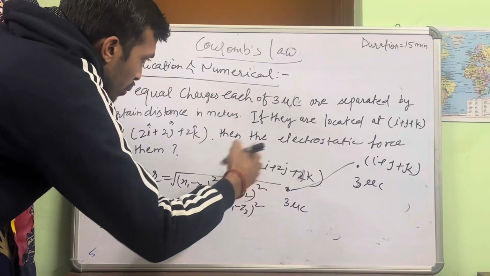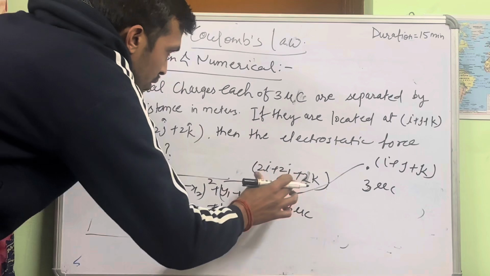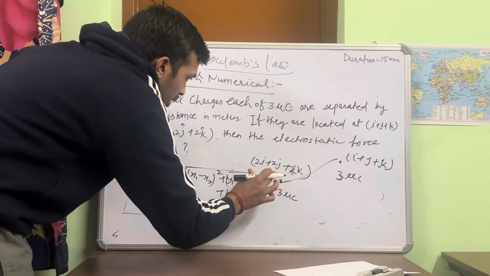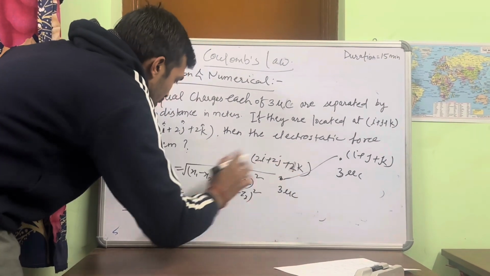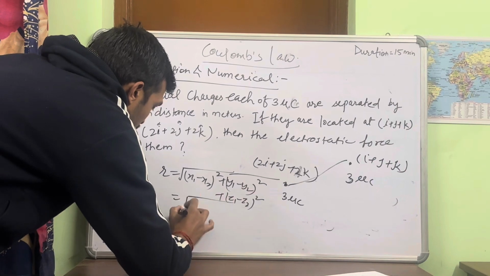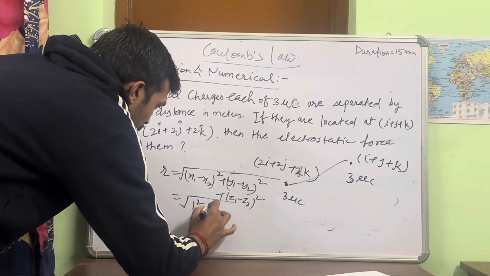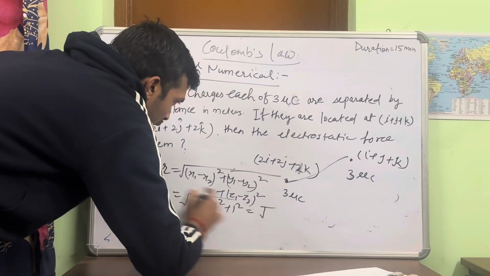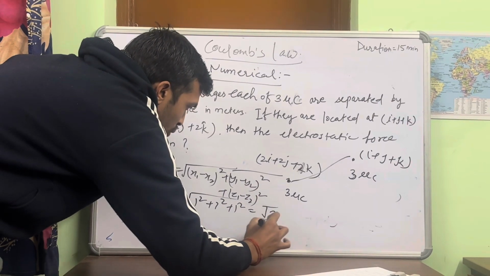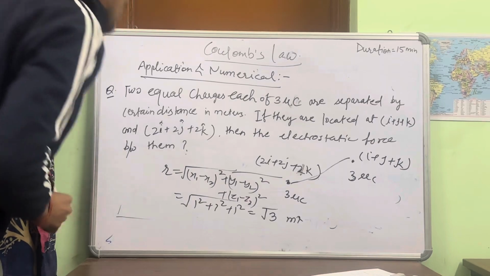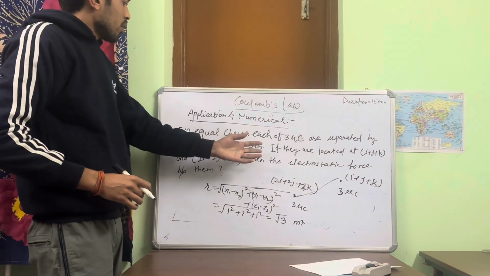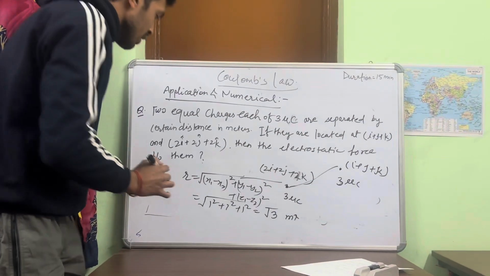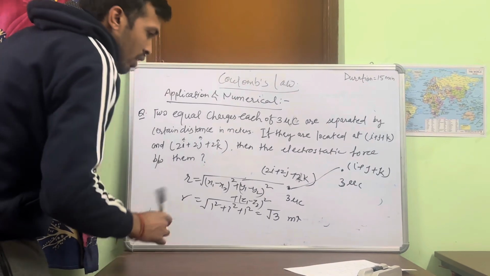Let's suppose this is x1 y1 z1, and this is x2 y2 z2. Putting these values, we get 1 square plus 1 square plus 1 square. So r is root 3 meter, because the distance is given in meters.